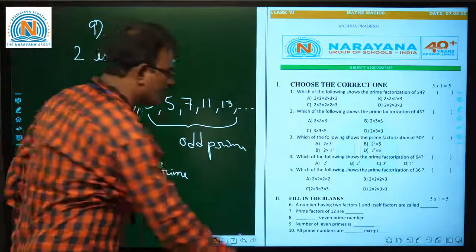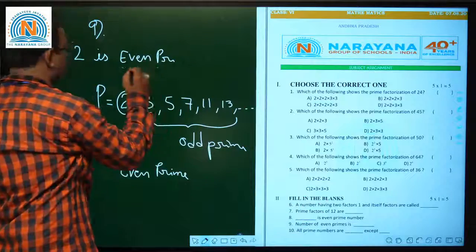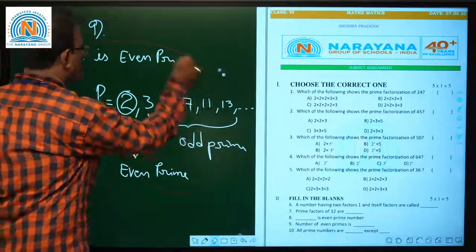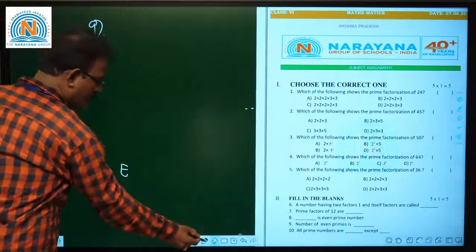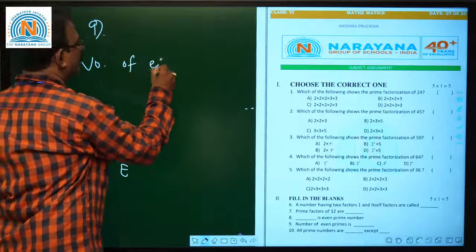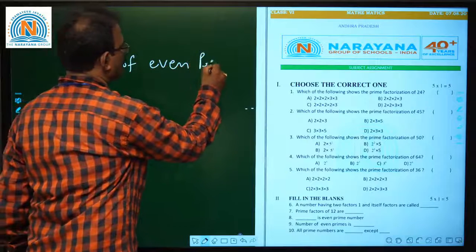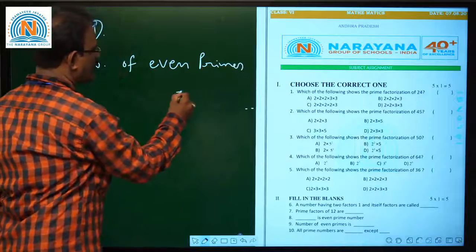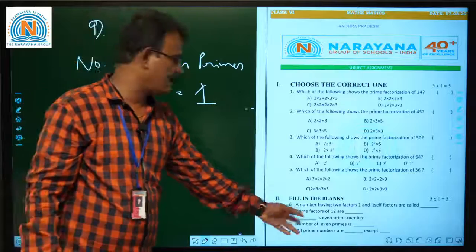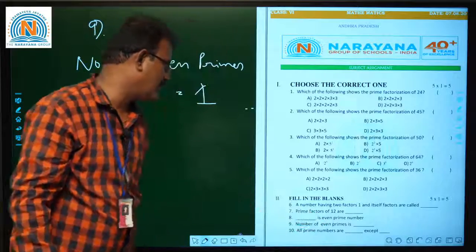So the number of even primes is only 1. As we have only 2 as the even prime, the number of even primes is 1 only.